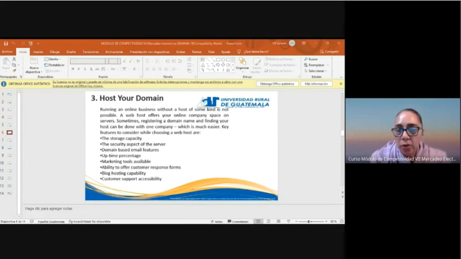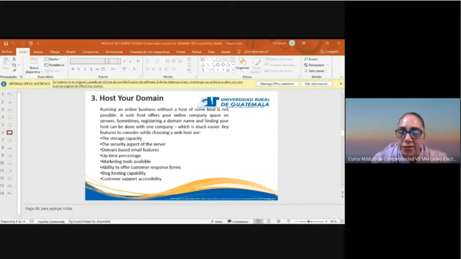A web host offers your online company space on servers. Sometimes registering a domain name and finding a host can be done in one company. We can do it by searching on Google and also on the GoDaddy platform, which is much easier.